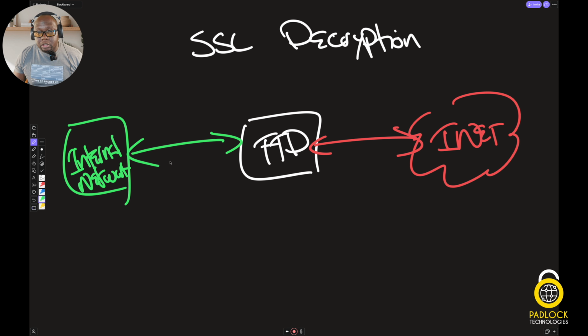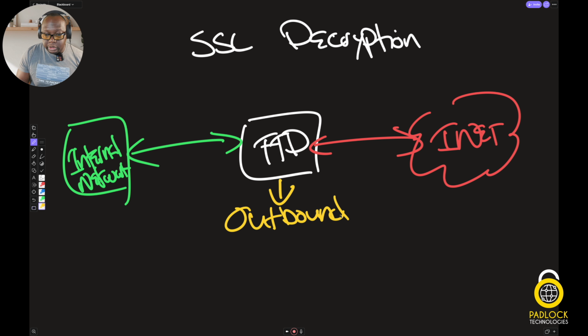So there are technically two styles of SSL decryption. They have different use cases, but the majority of the time you're going to use one over the other. The two styles of SSL decryption that the FTD can do, and other firewalls can do it as well, are the outbound method and the inbound method.